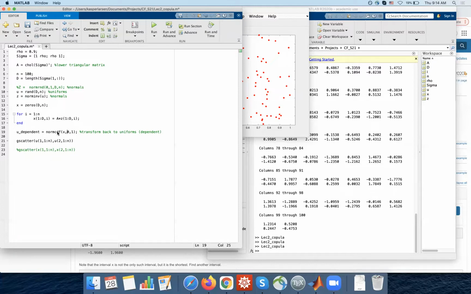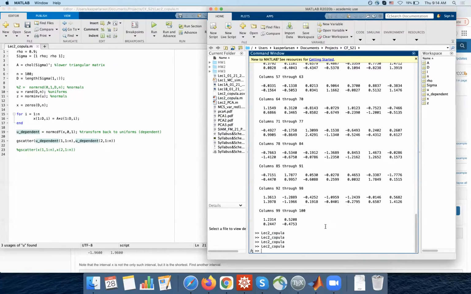So this is going to give me uniforms now, but they are going to be dependent. So if I scatter plot this one, let me just get the code right. Instead of plotting the independent ones, I'm going to be plotting these dependent ones.